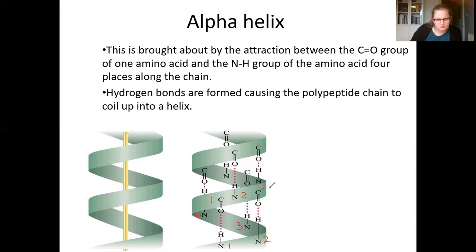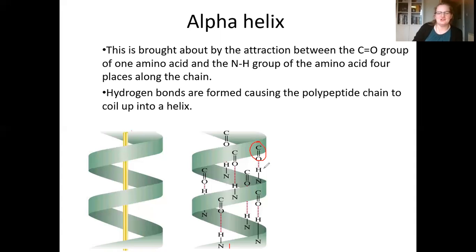Don't trust pictures where it's saying what they are. But it should be the carboxyl group. So here we go, the interactions between that and the amine group 4 places along the chain.